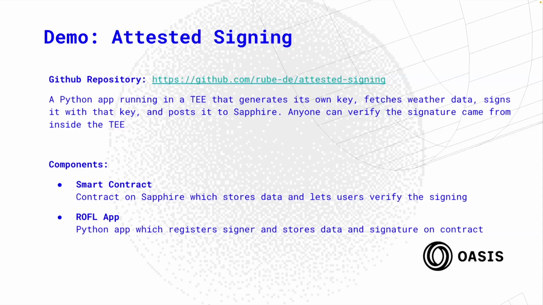In the smart contract, anyone can confirm that this data came with a signature from the TEE. The demo has two components. One is the smart contract, which is on Sapphire, which lets you verify the signed data. And you have the Python app, which is ROFLized, which will register the signer and also post the data onto the smart contract.